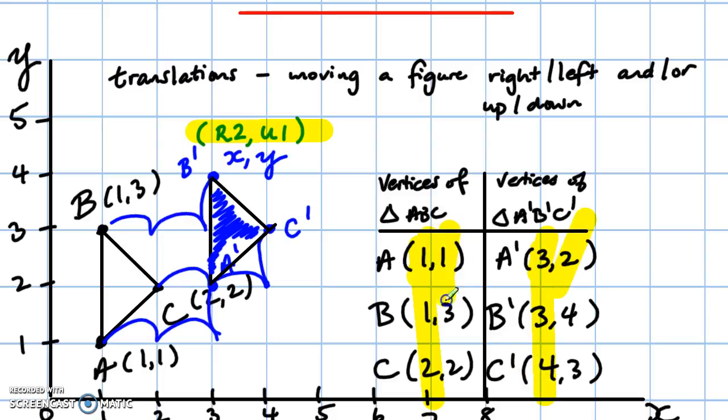If we look at all the y-coordinates of the original and the y-coordinates of the image, we should have a difference of 1. We're adding 2 on one side and we're adding 1 on the other side. Why is this important? Because you should be able to predict the location of a point based on this translation rule after it's translated without actually plotting it on a grid.